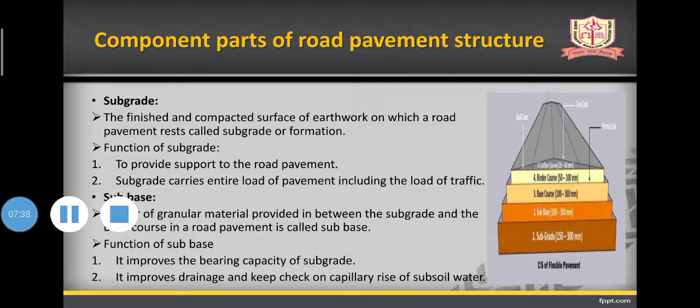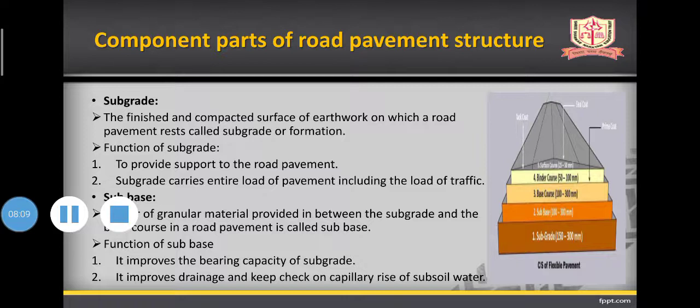It is to provide support to the road pavement, and the subgrade carries the entire load of the pavement including the load of traffic, because the different road layers rest on this subgrade. Therefore obviously the entire load of the pavement or of the traffic is going to be carried by the subgrade only.